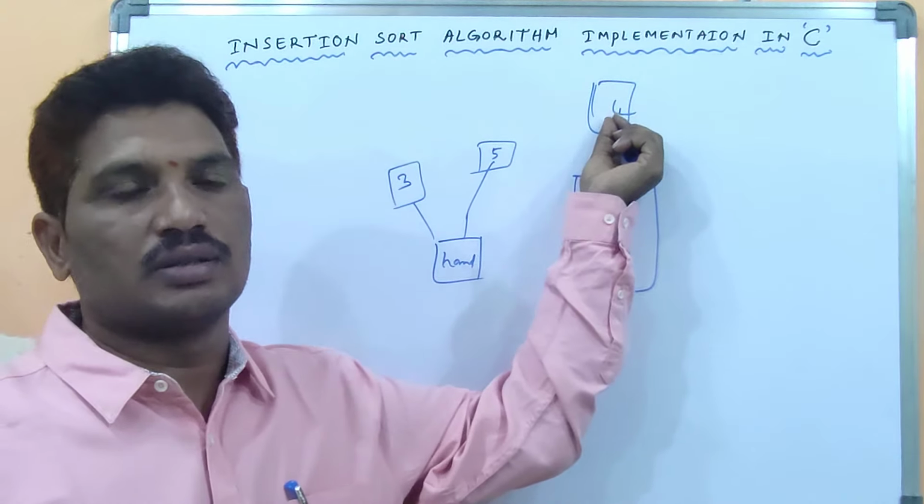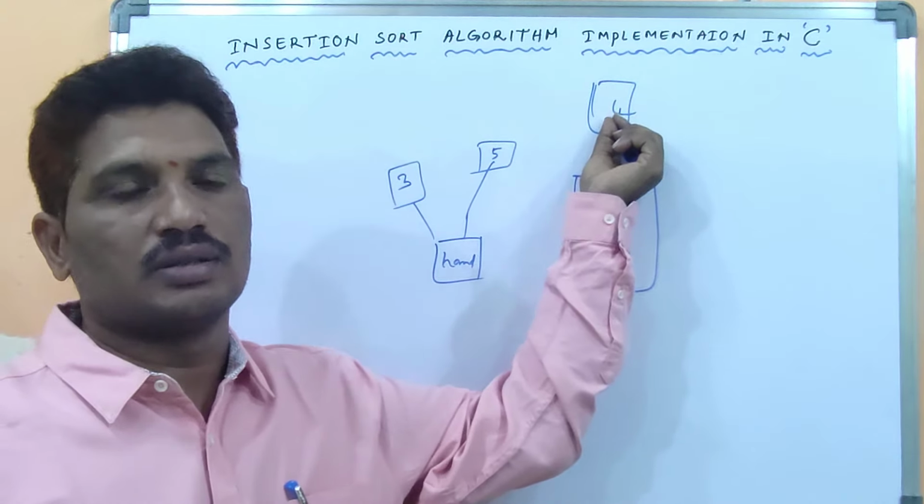Then how do we sort the elements using insertion sort? First, the array is totally unsorted.